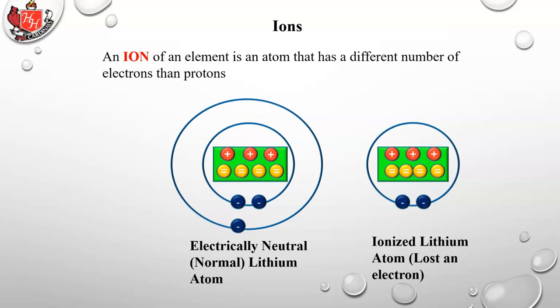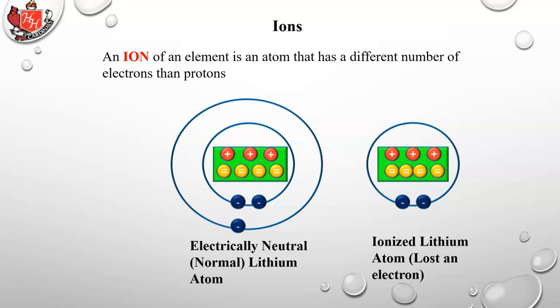So here is a normal lithium atom, lithium-7, and you can see it has 3 protons and 3 electrons. They balance each other, and that's said to be electrically neutral. If you look at the one on the right, it's lost an electron, and why and how that happens we'll discuss later. But it has 3 protons and only 2 electrons, so that is an ion of lithium.